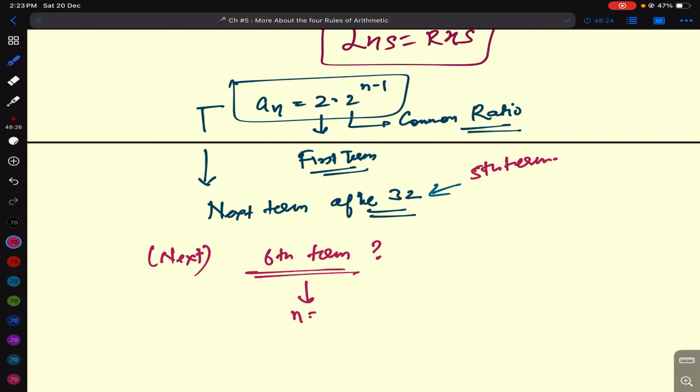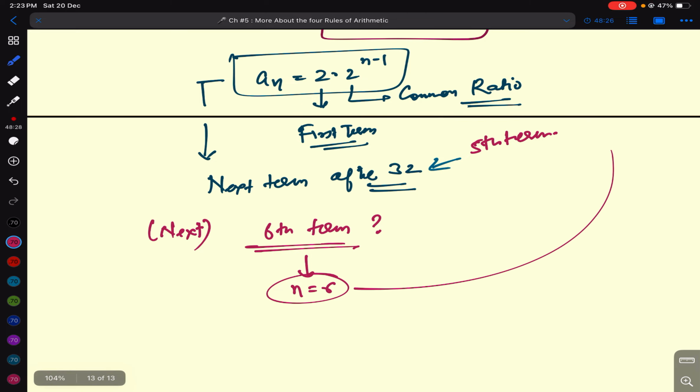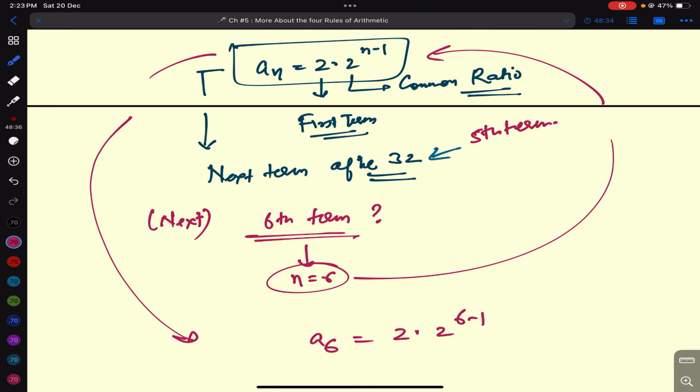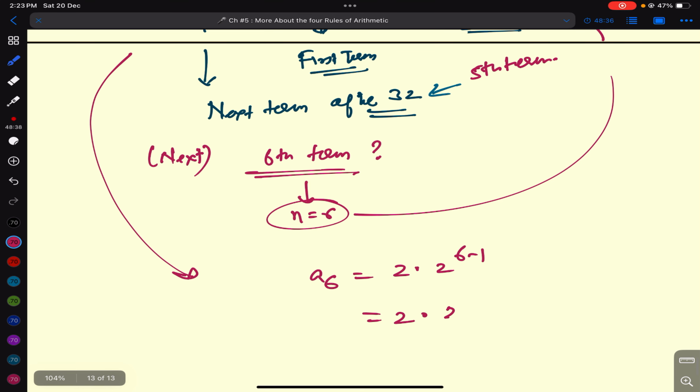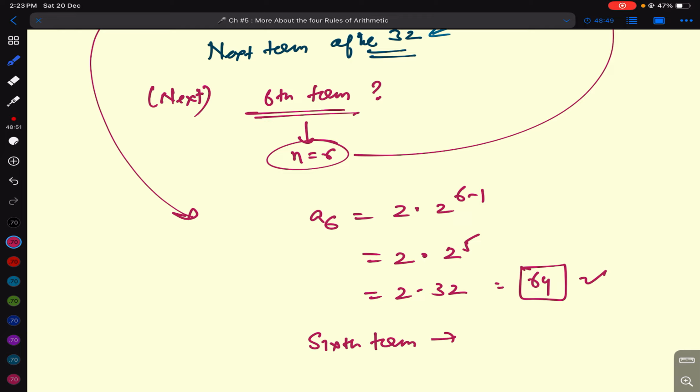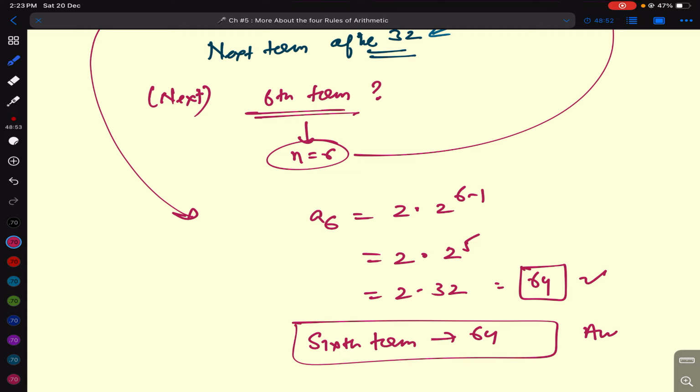We'll be substituting n as 6 in the expression, and that will give you a of 6 equals 2 times 2 to the 6 minus 1, which is 2 times 2 to the 5, and that is 2 times 32, which is 64. So the next term will be 64. Okay, so the sixth term will be 64. Clear? So this is how we find the sixth term. Even if you find it from the previous expression, that will still work. Clear?